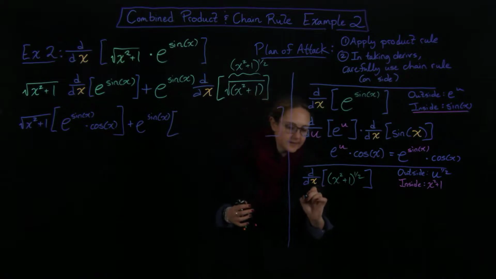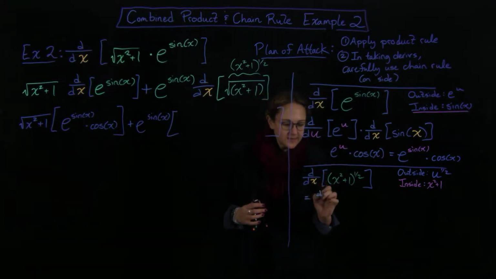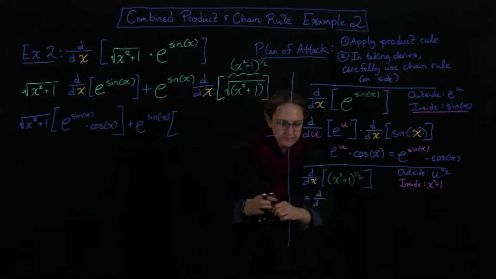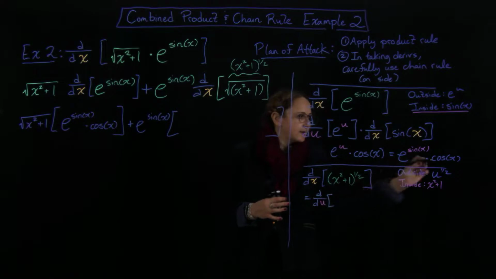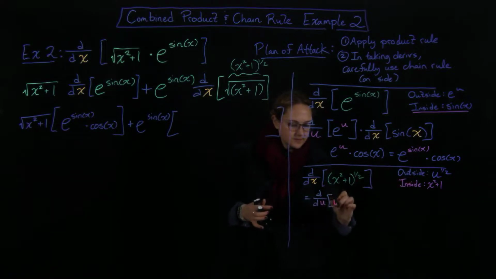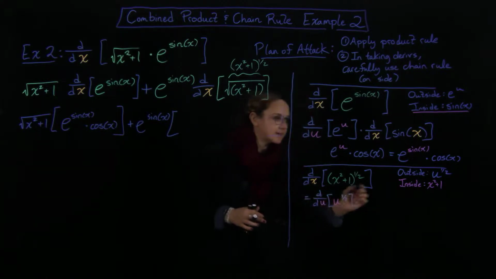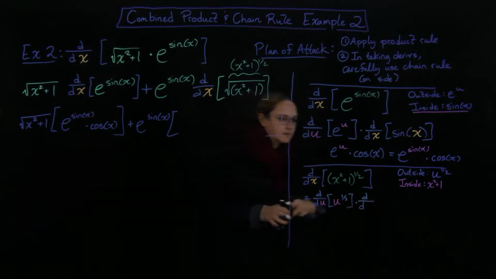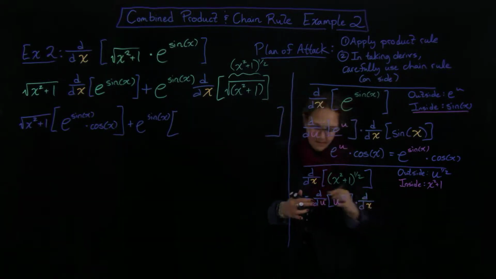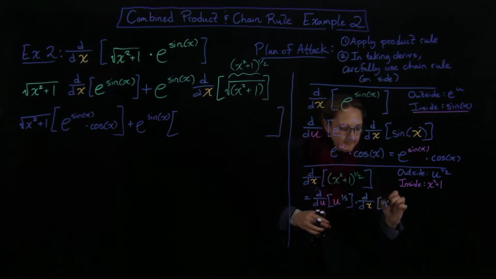Okay, so I need my derivative with respect to u of, and this is actually this red u, so this is u to the 1/2. And then I need to multiply that by my derivative with respect to x of x squared plus 1.